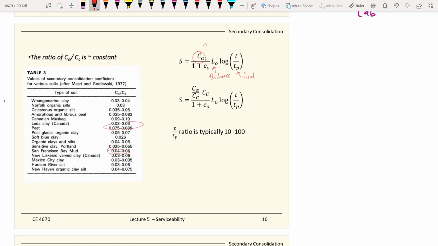Even though you don't know your C sub alpha, if you play with the math, you divide by C sub C and multiply by C sub C. C sub C is a more common parameter, this ratio is a constant, and this is more typical. Then you could estimate the settlement.